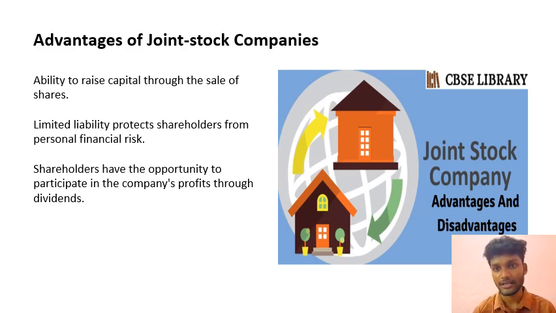But when the company is in loss, the total burden is not upon the shareholders. So this is the best option for shareholders. And shareholders have the opportunity to participate in the company's profit through dividends. As we discussed, they can enjoy more profits with less risk.